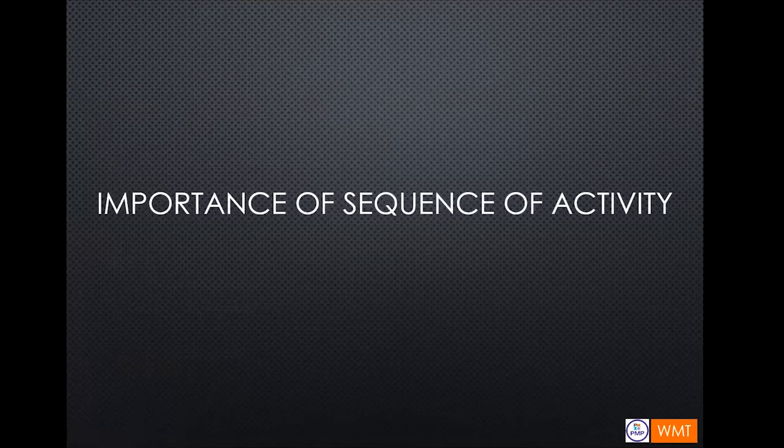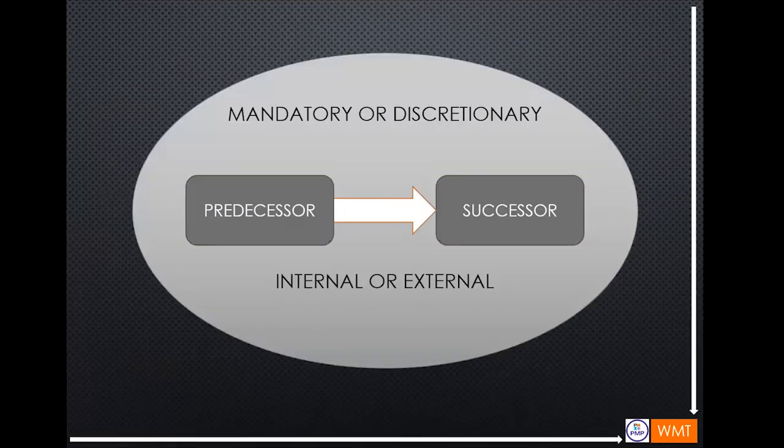So the importance of sequence of activity. Once you already have the work breakdown structure, then you will be ready to do the sequencing of the activities. In the basic sequencing of the activities, there will be a predecessor and a successor.